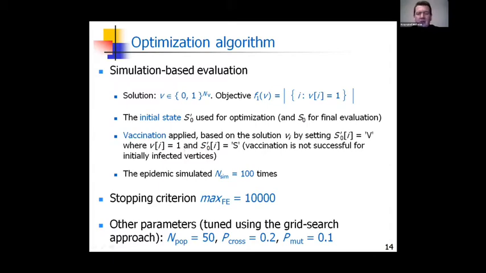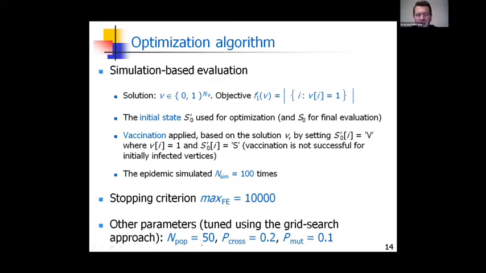However, we assume that vaccination will not be successful for those vertices which are already infected in the initial state. Because this problem is non-deterministic, the simulations have to be repeated many times, and for the calculation of the second objective, the number of infected individuals in the network is averaged over these simulations. Of course, each simulation can give a different result.